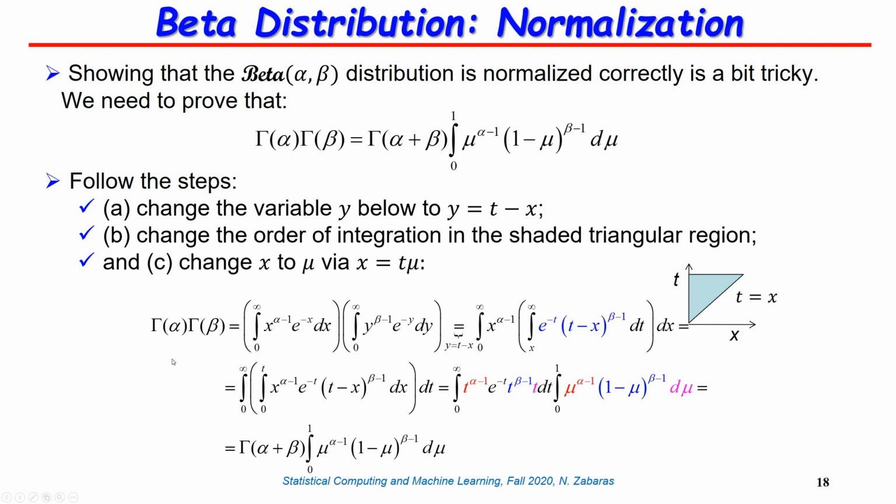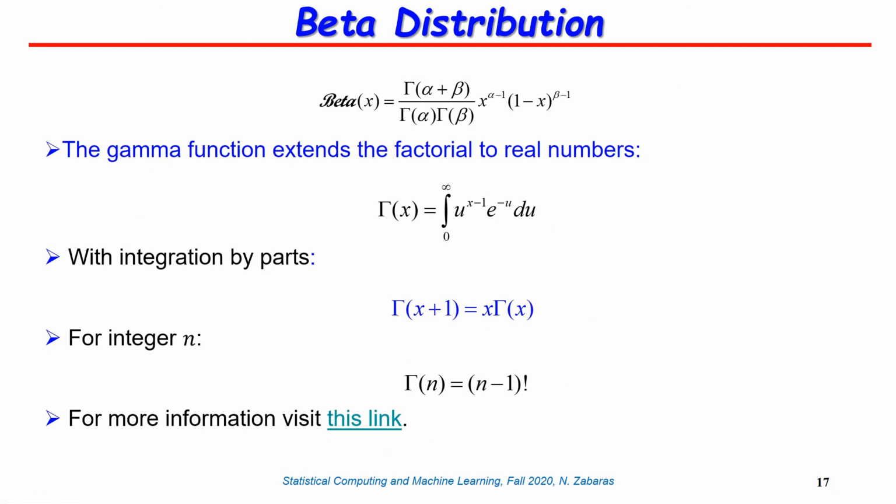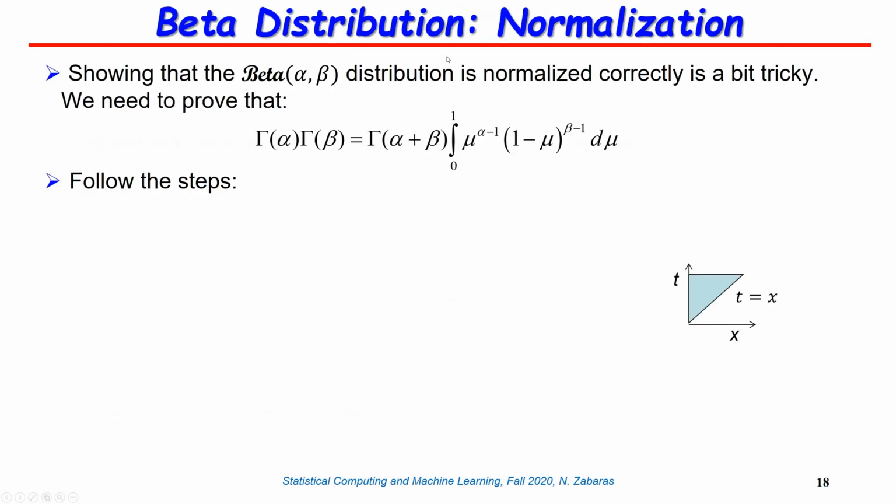So effectively we have proved that the beta distribution is properly normalized, because if I can go back, you can see my beta distribution looks like this, and what I proved is that this integral from 0 to infinity times this normalization factor is equal to 1.